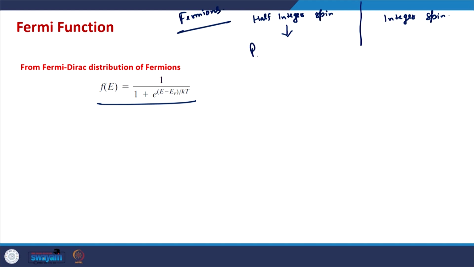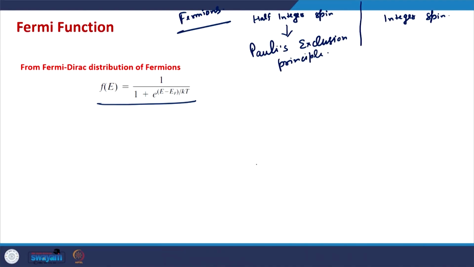Fermions follow Pauli's exclusion principle, which says that no two fermions can occupy the same quantum state. No two fermions can have the same set of quantum numbers. What it means is that a single electronic level can only hold two electrons of opposite spins, so that all the quantum numbers are not the same.